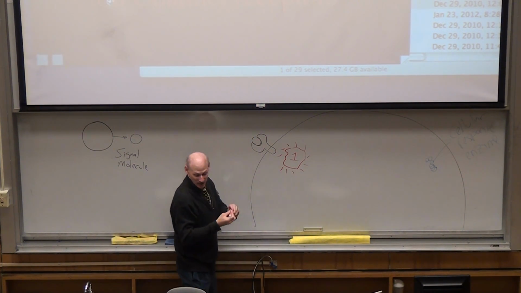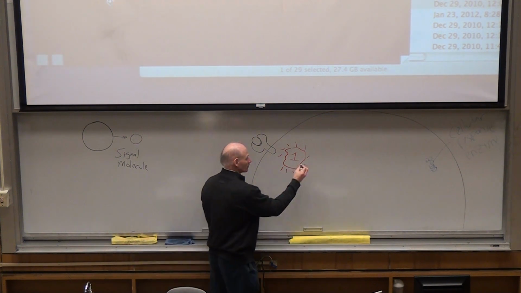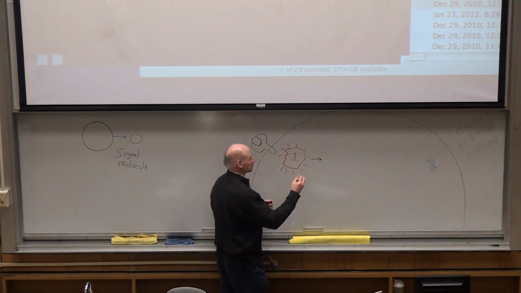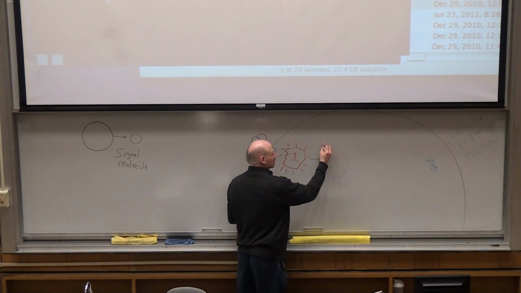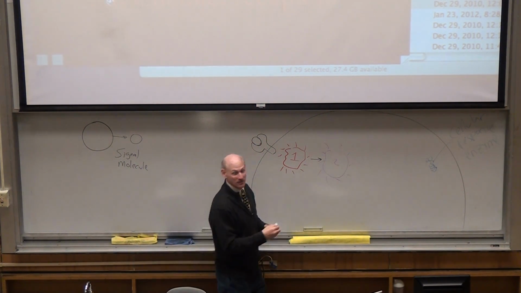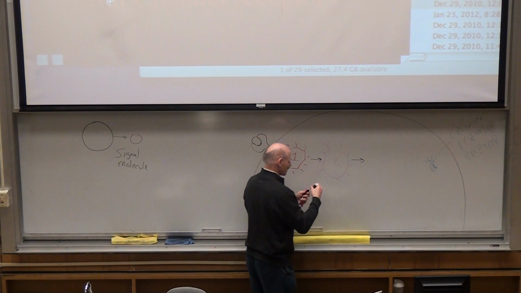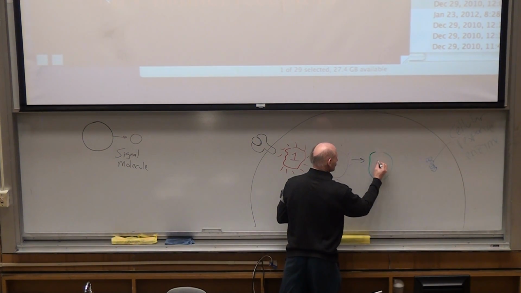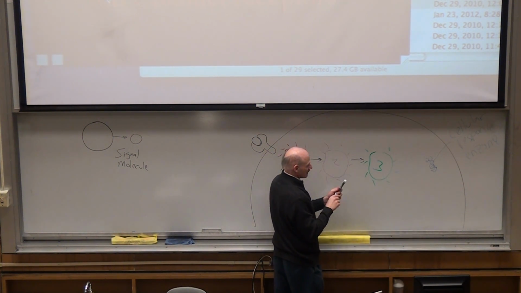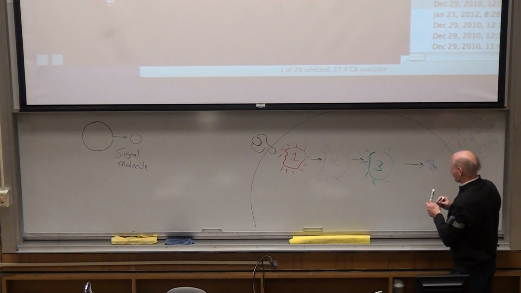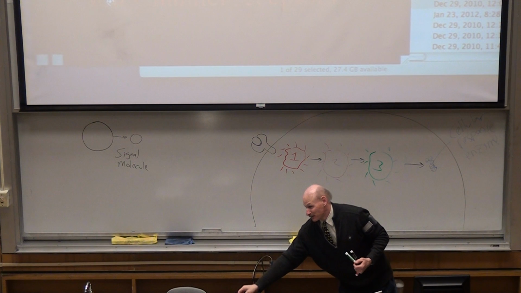Then relay protein number 1 goes over and activates relay protein number 2. Now relay protein number 2 is activated, and then it runs over and activates relay protein number 3, which is now activated, and then that finally gets around to activating the cellular response enzyme.